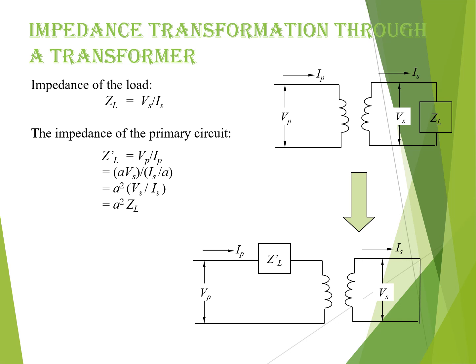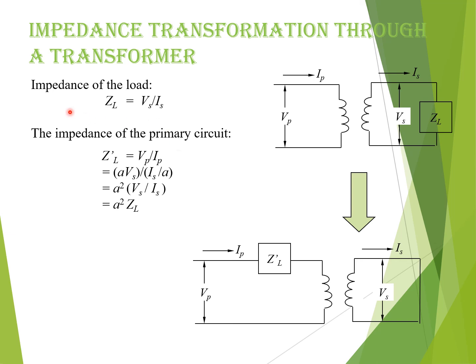Let's see impedance transformation through a transformer. Here we have a diagram. In this diagram, we can observe two coils: this is the primary coil, this is the secondary coil, this is the current through the primary, this is the current through the secondary, and we have an impedance load here.